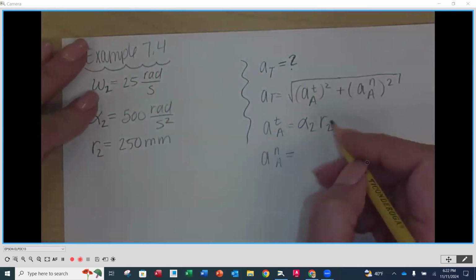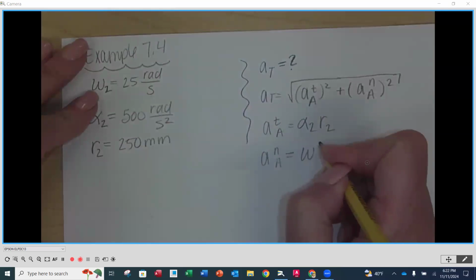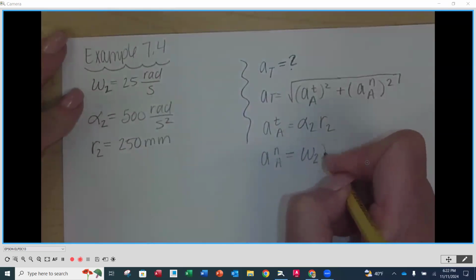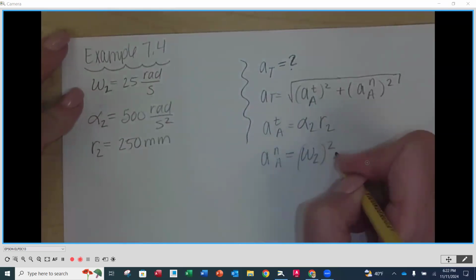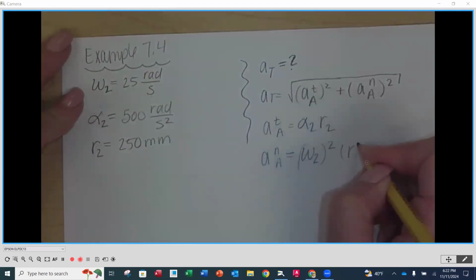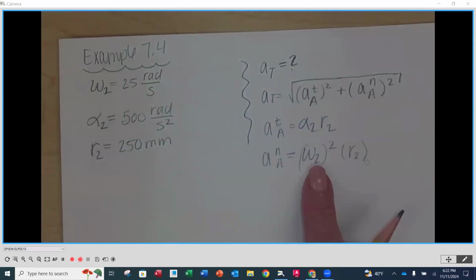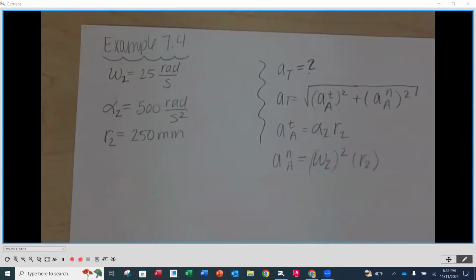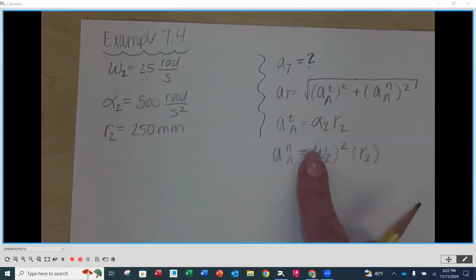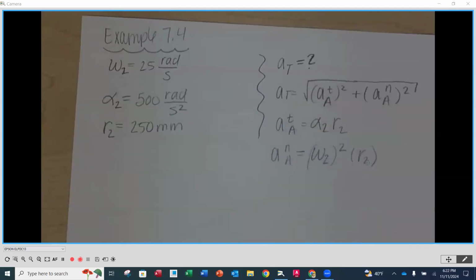So we will be using the angular velocity of link number 2 squared times the radius 2. I put it in parentheses because we're using link number 2 and we're squaring it. I don't want to get confused with things. So we're going to calculate these two first to get the total acceleration.